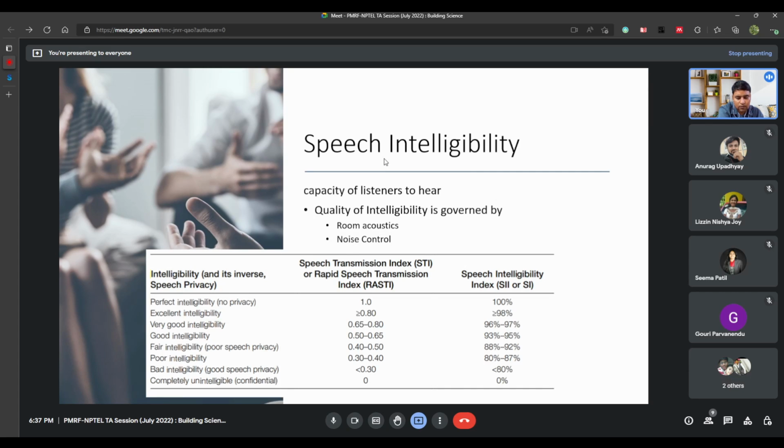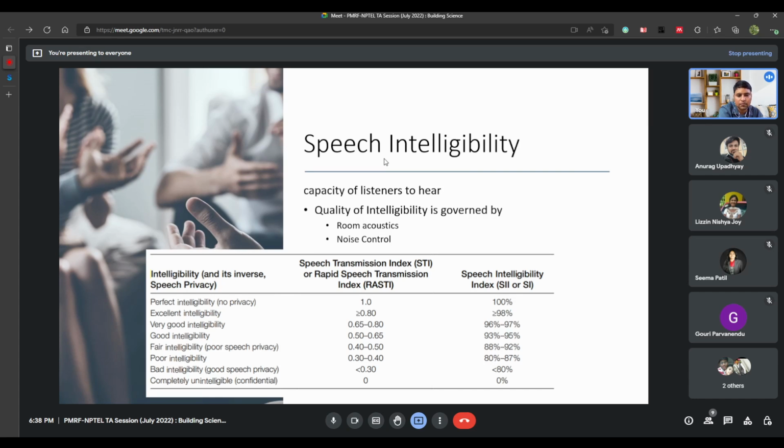When we look into conversation and meetings, we use one criterion called speech intelligibility, where there are multiple indexes which you would have come across in the class. One is the articulation index, which is outdated now.